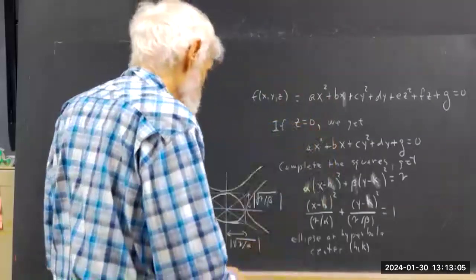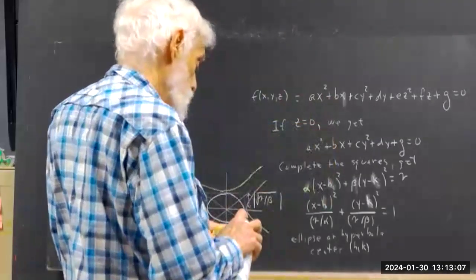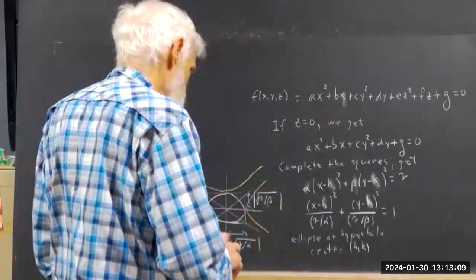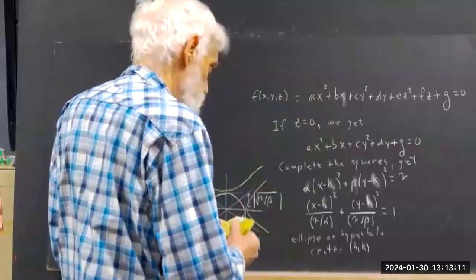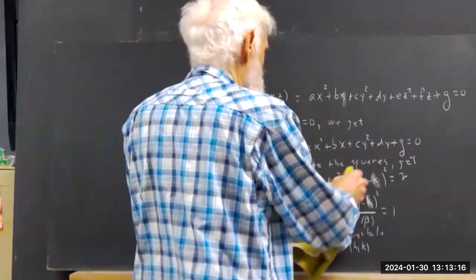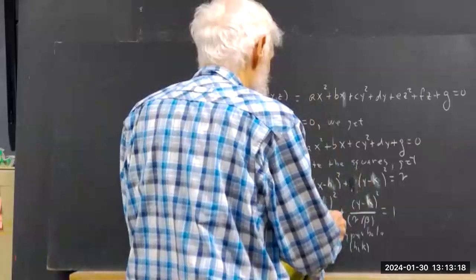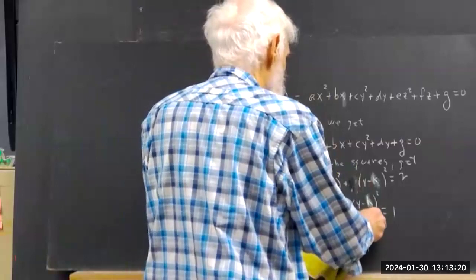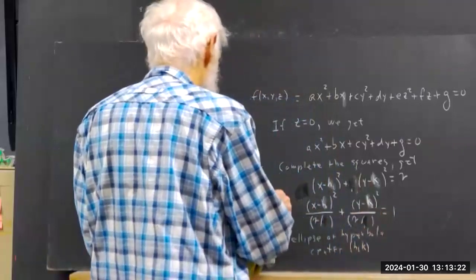So kind of a bonehead thing I did by using alpha and beta. I'm going to change my alphas and betas to A's and B's. What I did wasn't incorrect, but it turns out that alpha is going to equal A and beta is going to equal B.